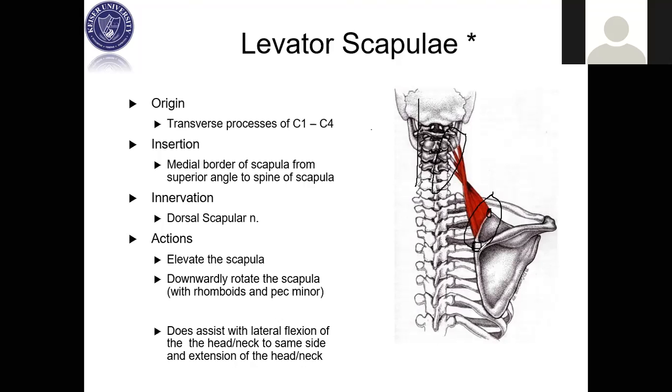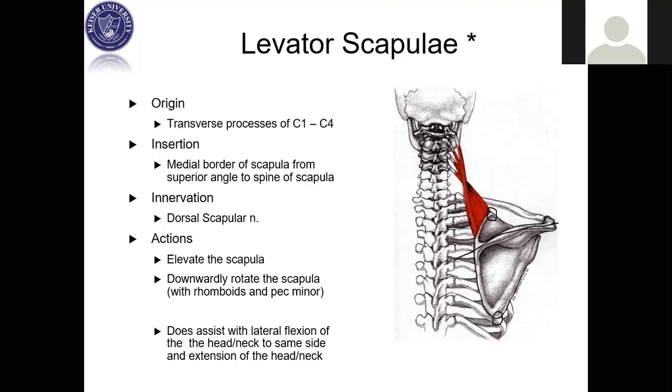It is on the medial border. Remember, the medial border of the scapula is close to the vertebra. The superior angle is up here. Here's the superior angle. Here's the spine of the scapula right here. And here's the inferior angle.